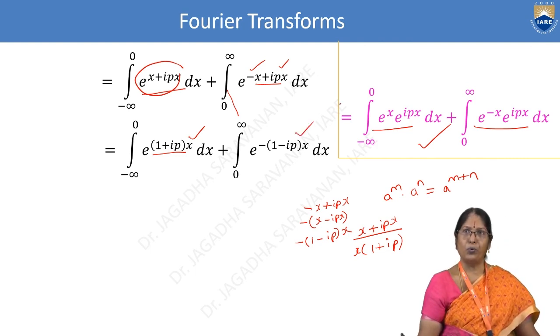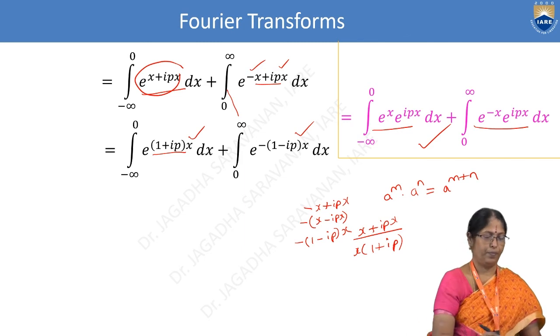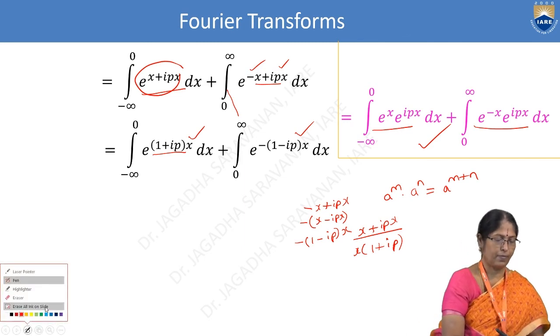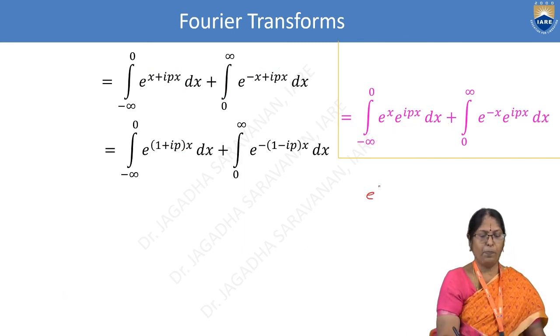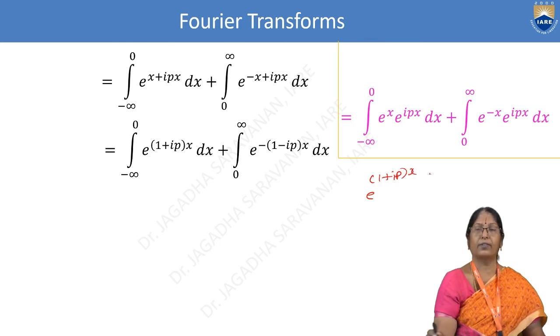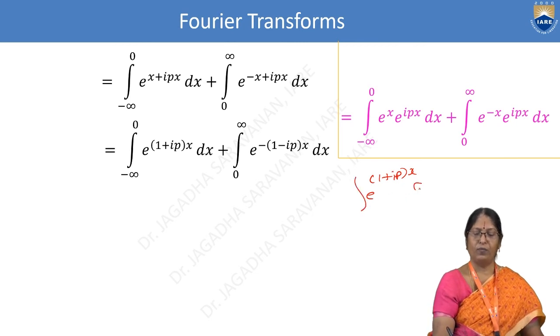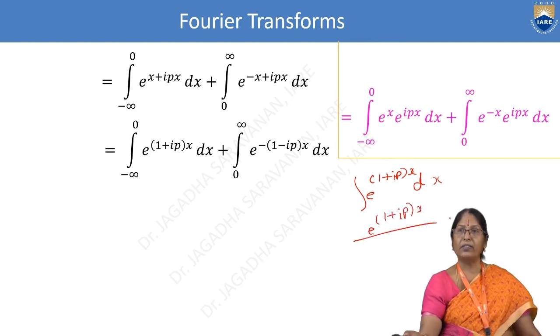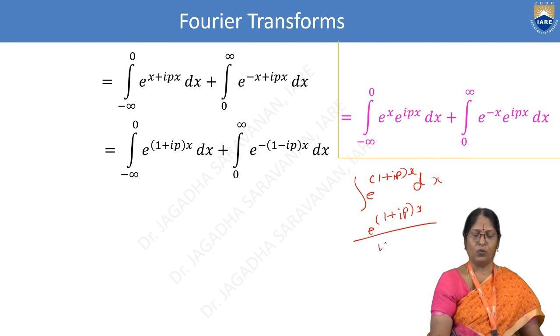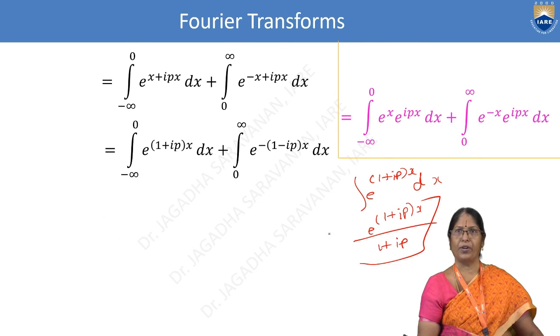Now we have to do the integration. So e power of 1 plus ip of x. The simple integration with respect to x is e power of 1 plus ip of x divided by the coefficient of x, that is 1 plus ip. That is the simple integration.